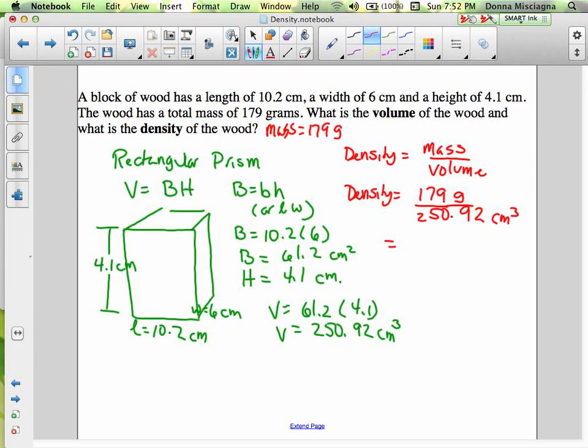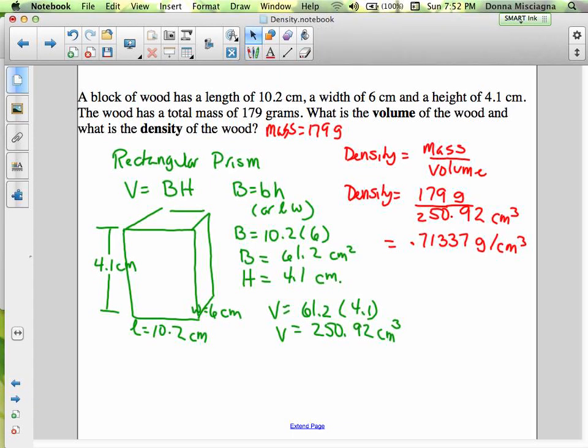Maybe I should turn the lights on here. 0.71337, and the units is grams per centimeters cubed. Just the same way as they appear. The mass unit of measure first, and then the volume unit of measure. All right, so there we go. This one is just a little more involved because we had to find the volume of the prism first, the block of wood.